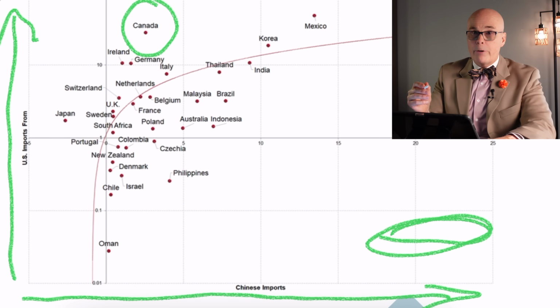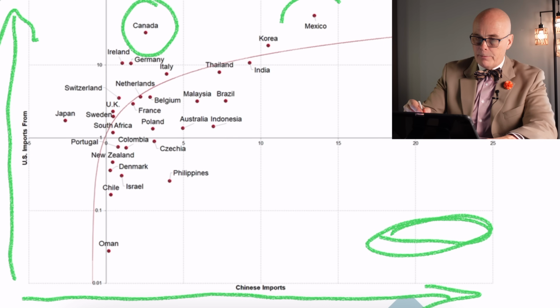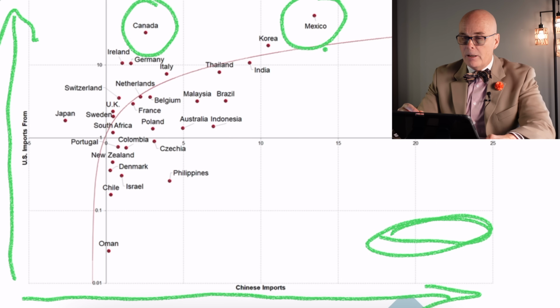Doug Ford recently said that Mexico is a backdoor importer for China. So what does he mean by that? Well, here's Mexico. A lot of their exports go to the United States. That's why they're way up on the vertical scale here. But they're also pretty far to the right on the horizontal scale.